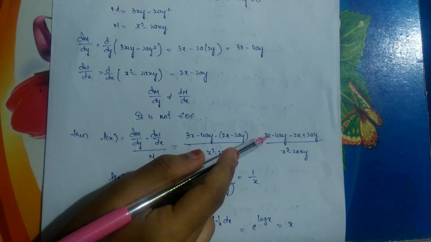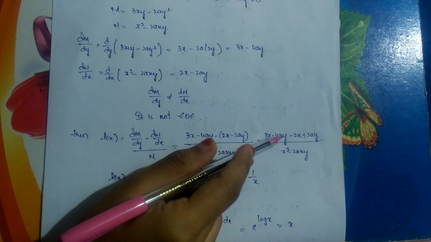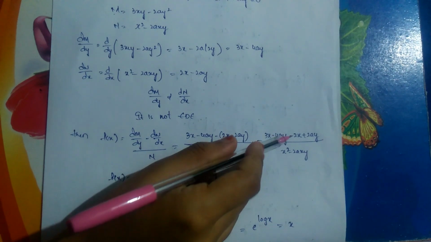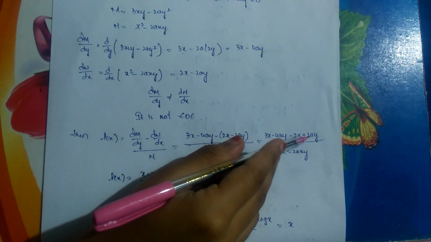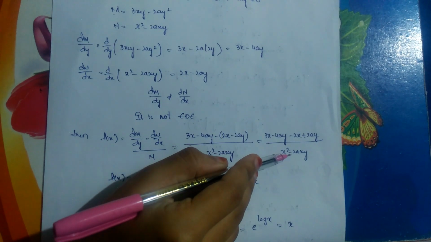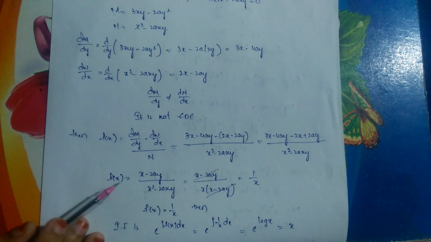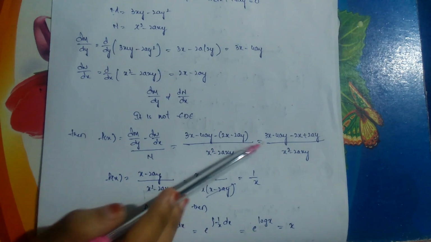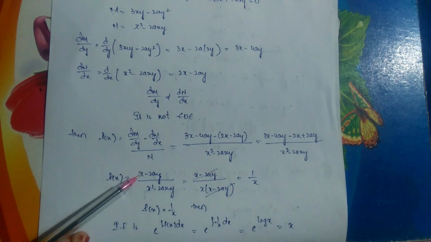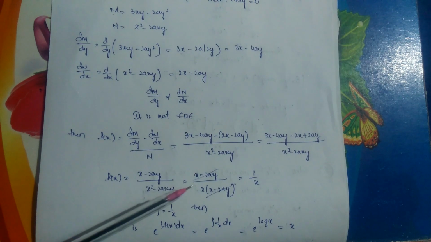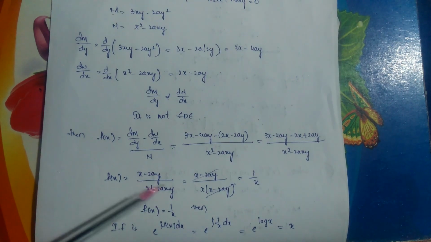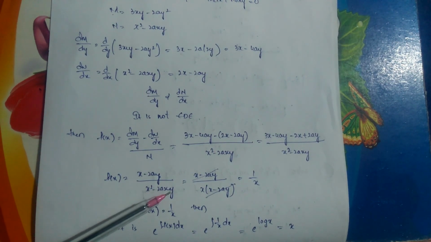That equals (3x - 4ay - 2x + 2ay) divided by (x² - 2axy), since minus into minus is plus. So f(x) = (3x - 2x is x, and -4ay + 2ay is -2ay) divided by x² - 2axy.